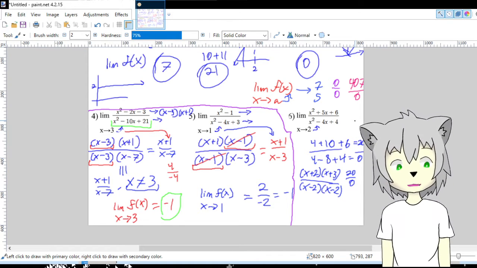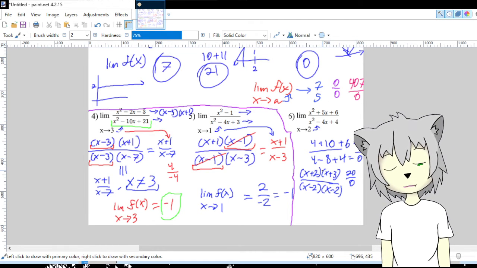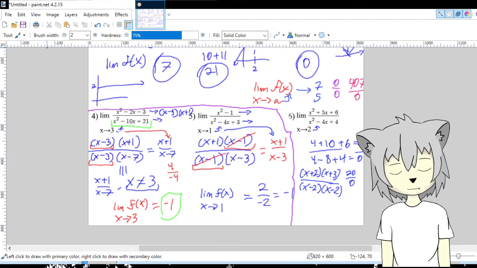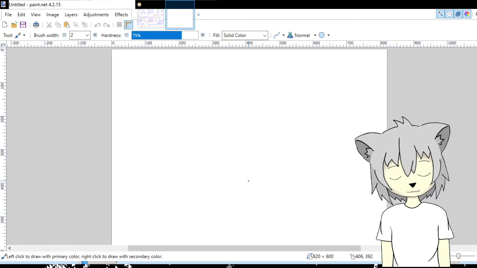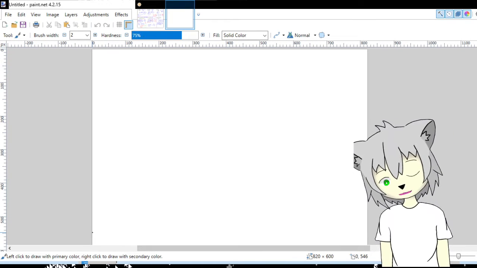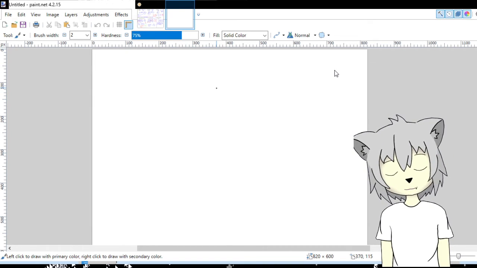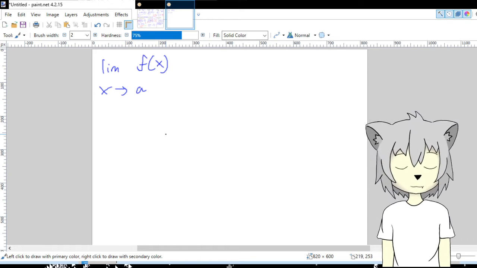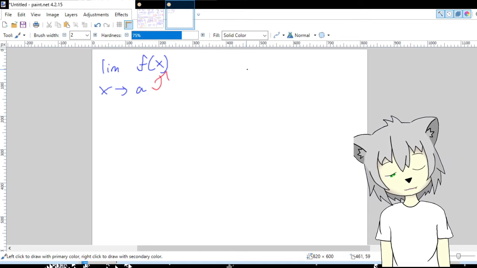I'm probably explaining it really badly, but given any problem, a limit of any f of x as x approaches any number called a, just plug it in, see what you get.